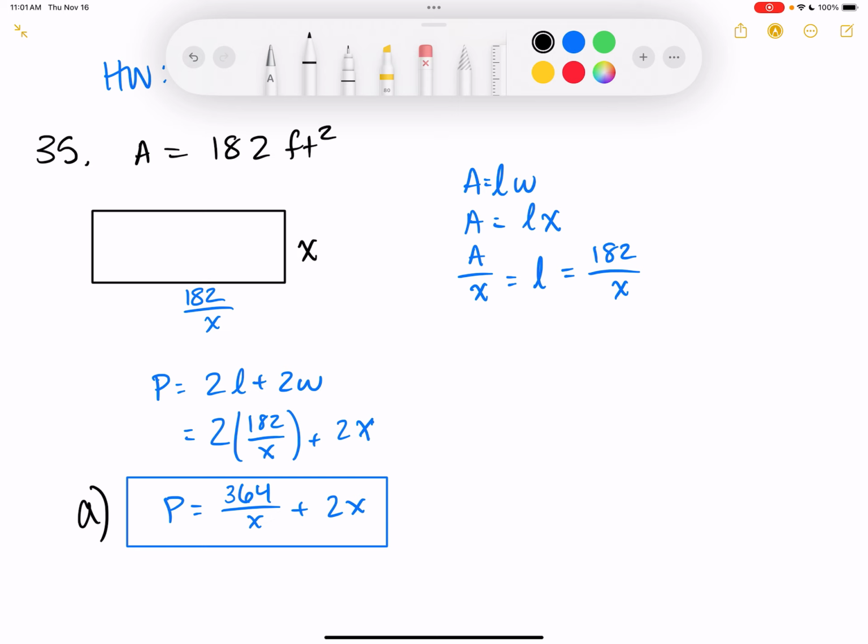Where did it go? Zoom fit. Now, what do we know that x can't be?